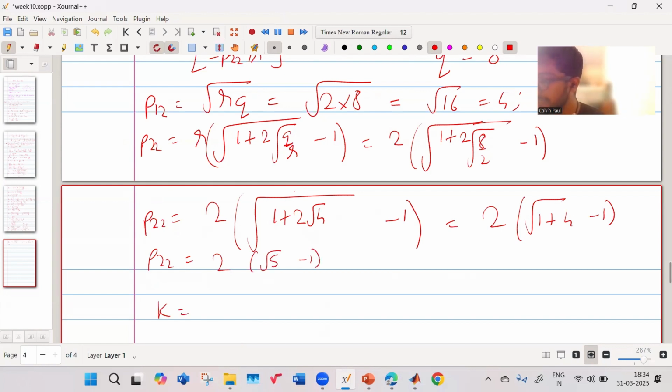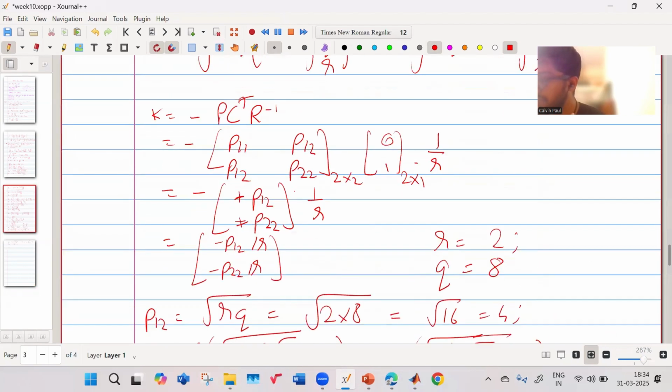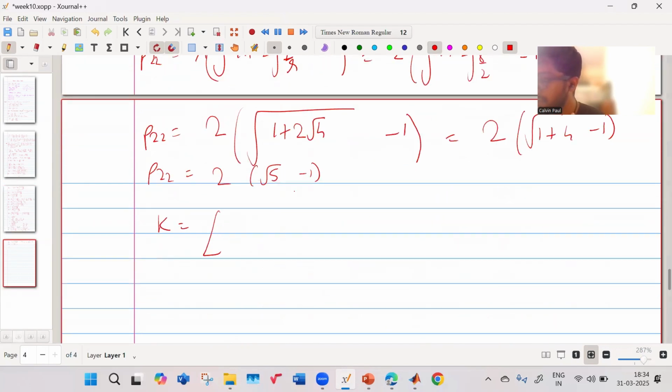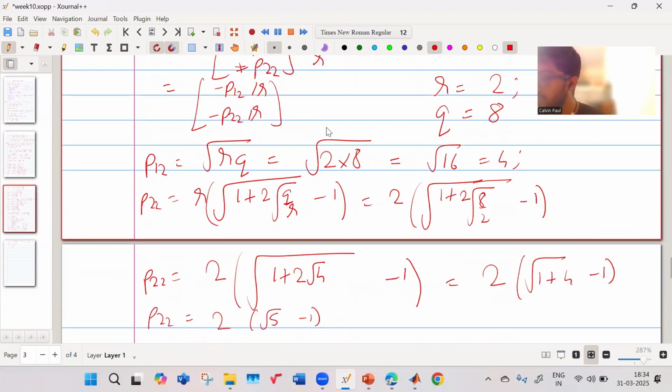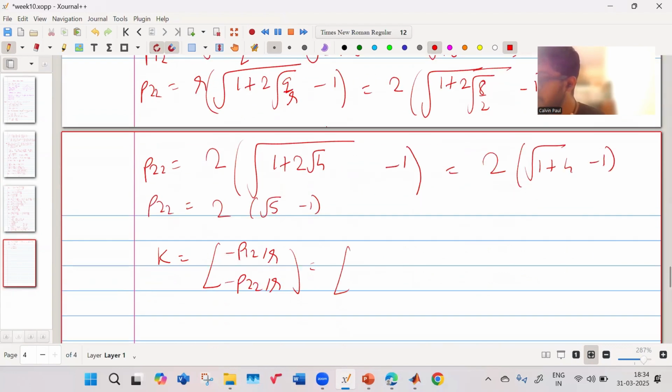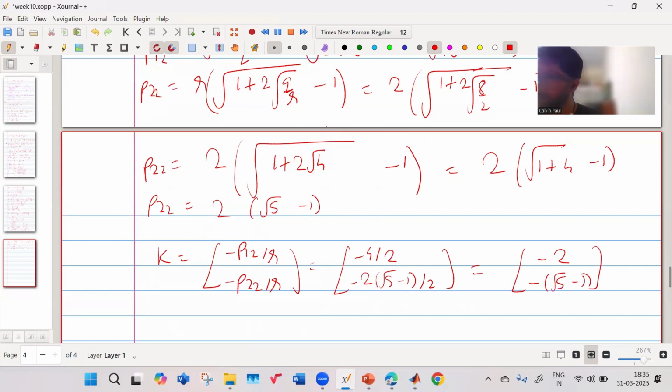So our gain K is given by minus P12 upon R, minus P22 upon R. What is my P12? It is minus 4 upon R, which is 2, and minus 2 into root 5 minus 1 upon 2. So this becomes minus 2 and minus of square root of 5 minus 1.